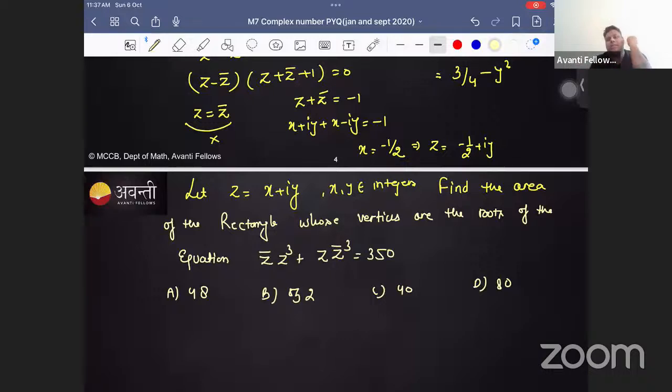Few of you marked answer A, rest marked answer C. Nobody is going with B or D. Now we have a volunteer for D also. Very good.